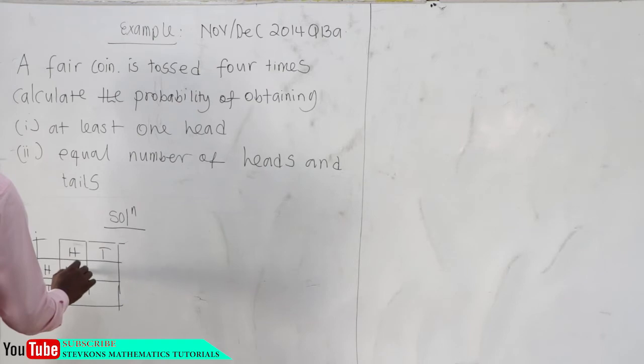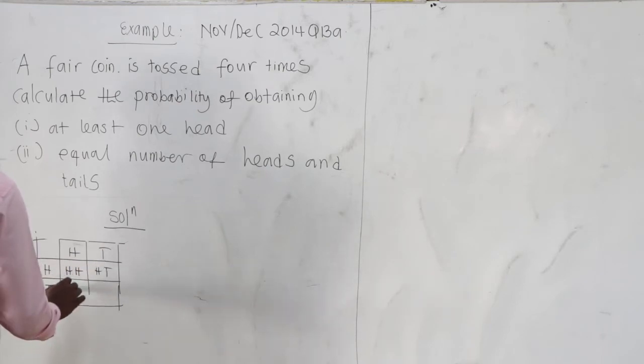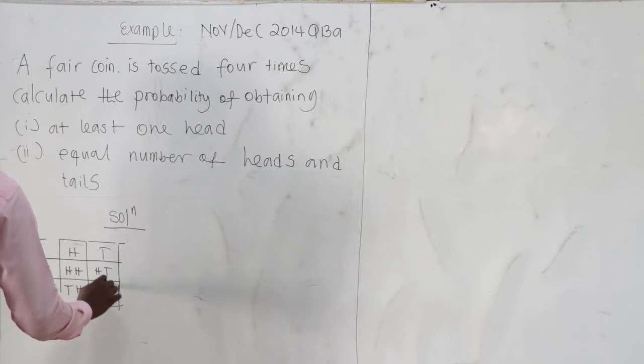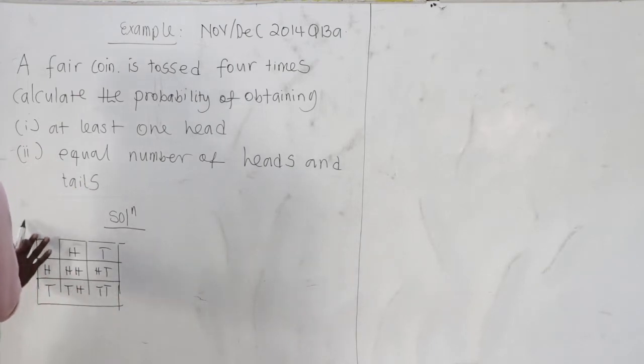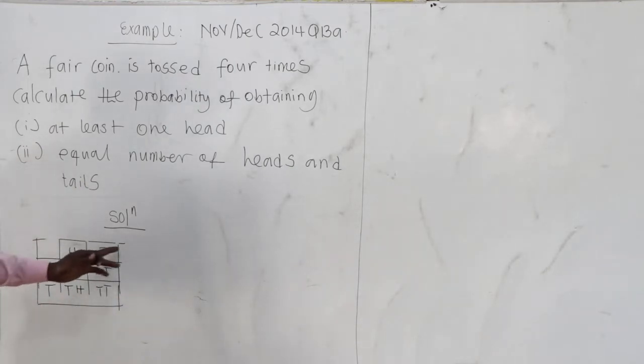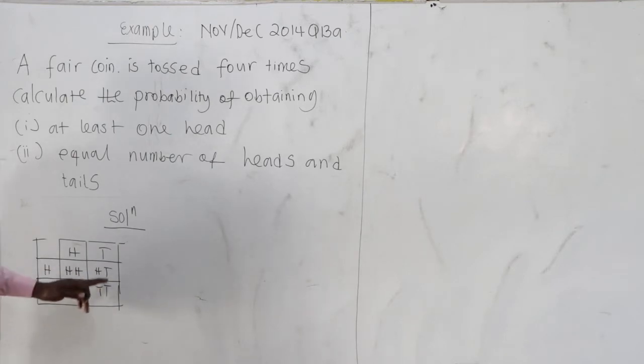So you have head, head, head, tail, tail, head, and then tail, tail. So this will be our sample space for 2 coins.